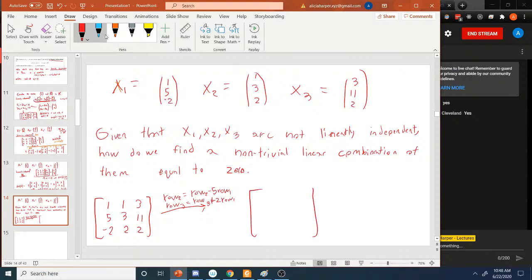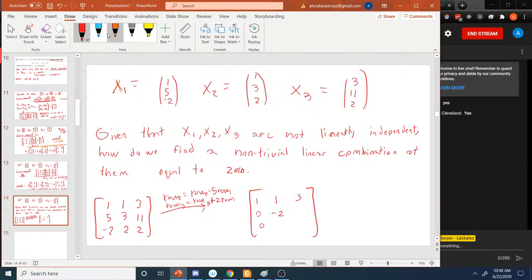If I do that, I'm going to have 1, 0, 0 here, 1, 3 here, and these two rows are going to change. I'm subtracting 5 times 1 from 3, so I'll have a negative 2 here.